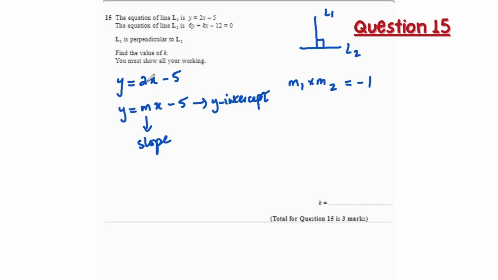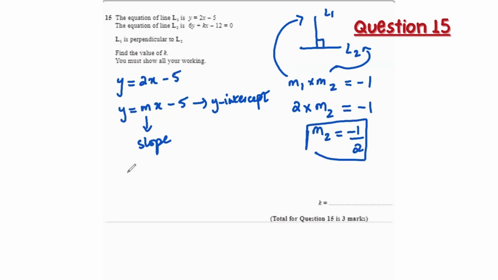So as we can see, the slope of L1 is 2, which means the value of M1, the gradient of L1, is going to be 2. M2 is the gradient of L2, so we need to find the value of that. The product of 2 and M2 equals -1. So M2 is going to be -1 over 2, because we divide both sides by 2 to make M2 the subject. So M2 equals -1 over 2.